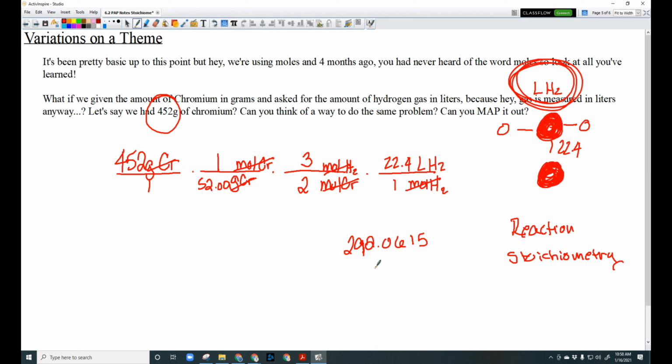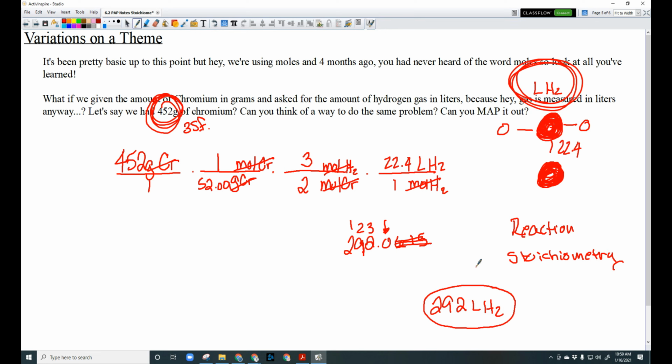This is really not our answer because our original data was 3 sig figs. So our answer can only be 3 sig figs: 292, 1, 2, 3. So we look at the 0. That's calculator vomit. It doesn't matter. Does the 0 round this? The answer is no. So we get 292 liters of hydrogen gas is our answer.